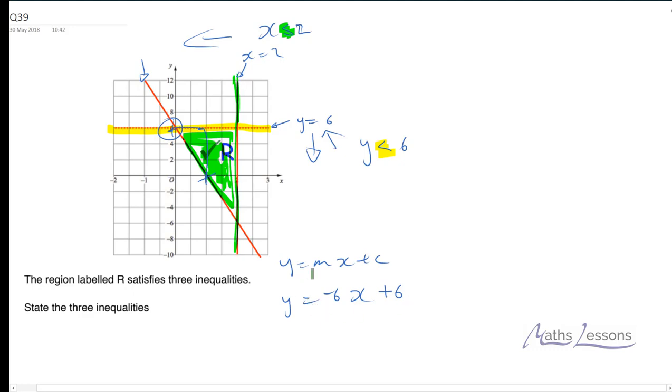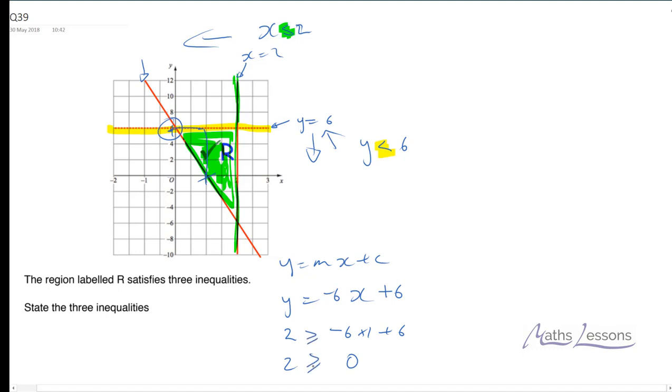Now I want to work out this region. So pick a point in the region and see what we get. So we got the point 1, 2 is in the region just here. So let's put the point 1, 2. So you get 2, and minus 6 times 1 plus 6. Now this all becomes 0. Minus 6 plus 6 is 0. So which way round should we put our inequality?